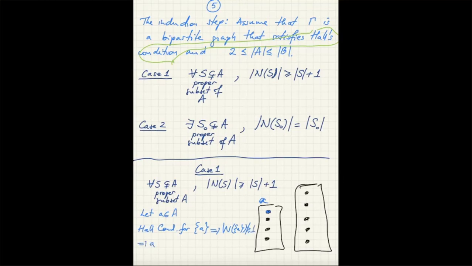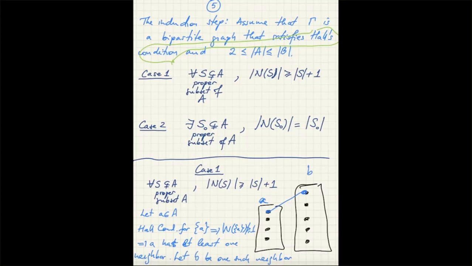So A has at least one neighbor, and let B be one such neighbor. So we have B, and these two vertices are adjacent. And now here's the intuition of what is going to happen in this case, how you can use the induction hypothesis.